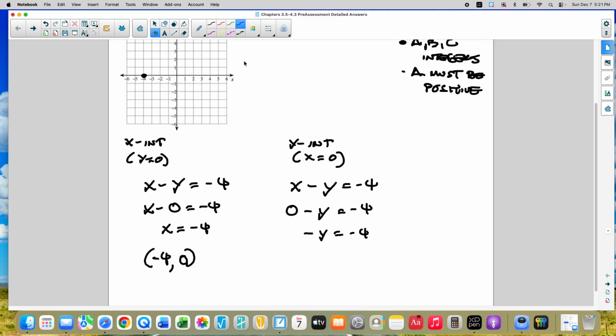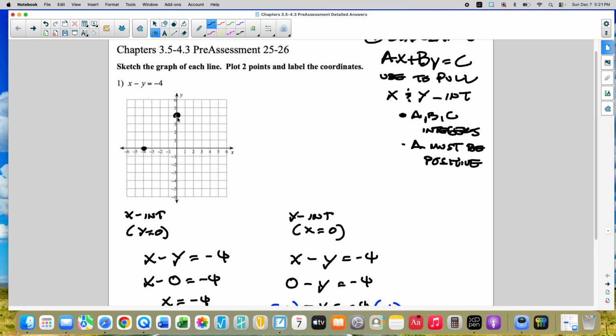So we still have to multiply by -1 in order to get y to be positive. Y equals +4. So we plugged in 0 for x and got 4 for y. That's the coordinate, 0 for x, 4 for y.